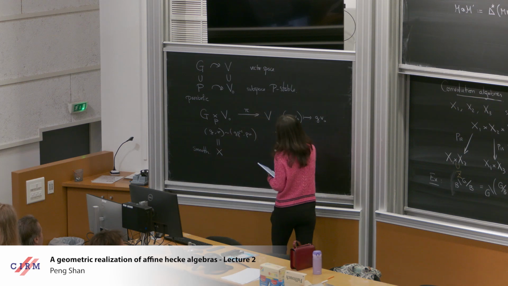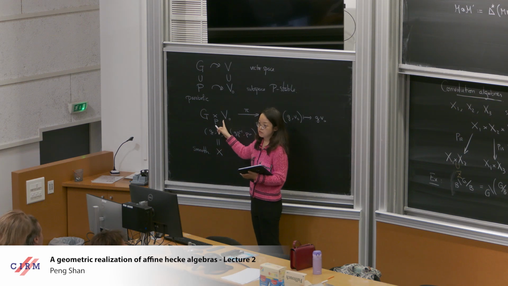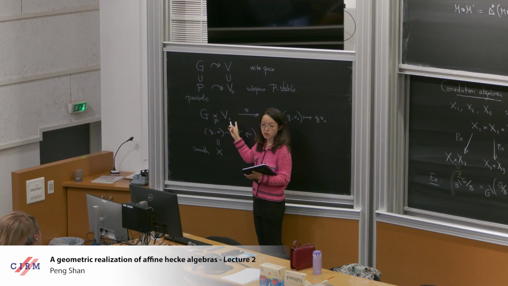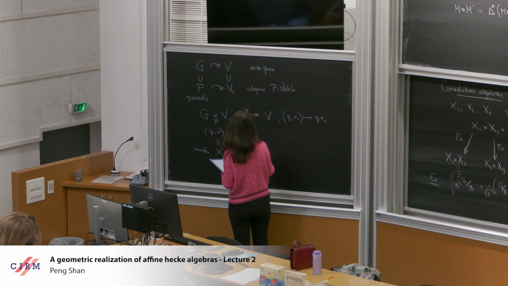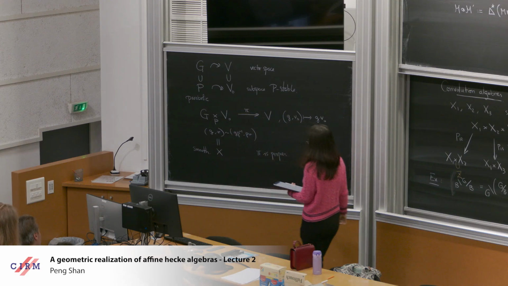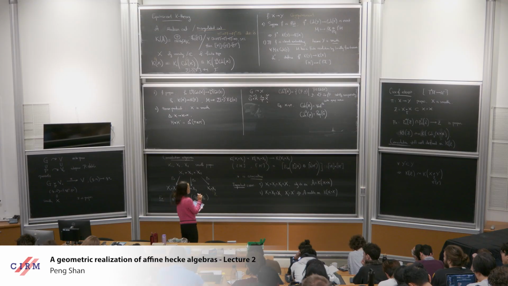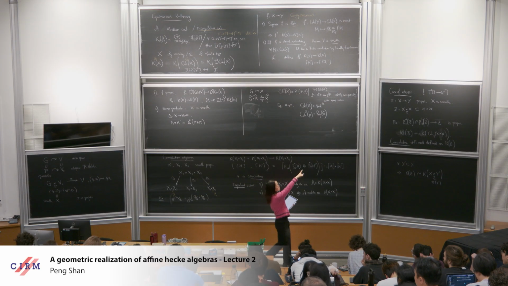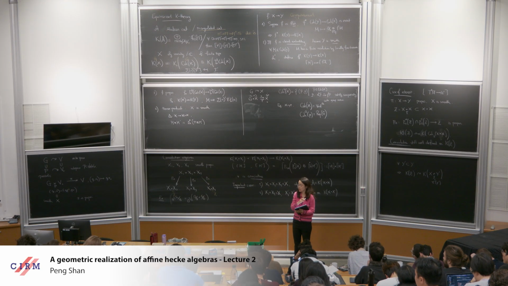And the fibers of this map are just identified with closed subschemes inside G mod P, which is a complete variety. So this map is proper. So pi is proper. And so we are in the situation of that kind of morphism.